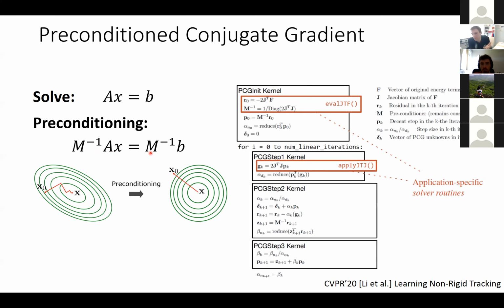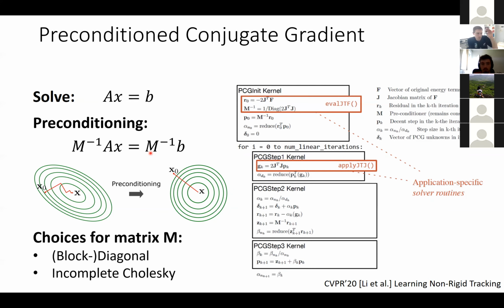Based on our previous works, we realized we need a preconditioner. It makes just a huge difference, and we didn't know which one to use, so we tried a bunch of them out. Typical choices here are incomplete Cholesky factorization, right? We can do block diagonal. The standard thing is Jacobi preconditioning. That's just using the inverse of the diagonal matrix. That's the easiest one.